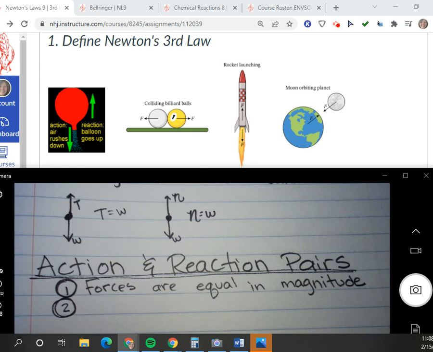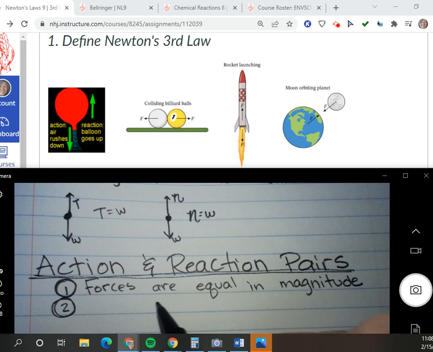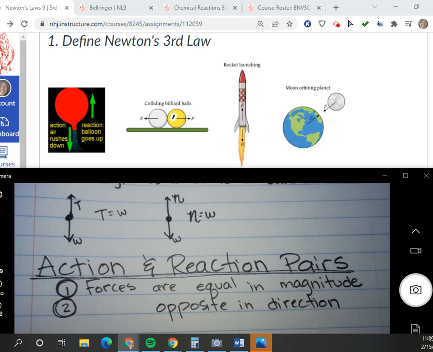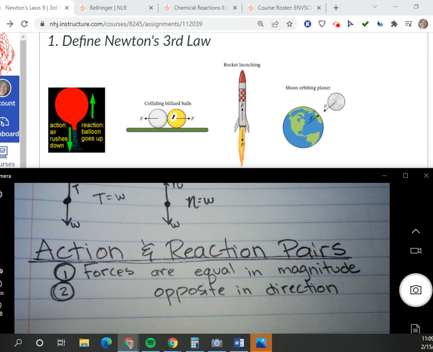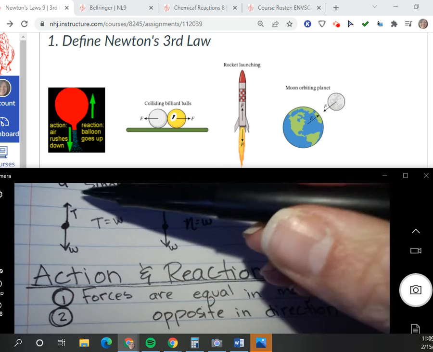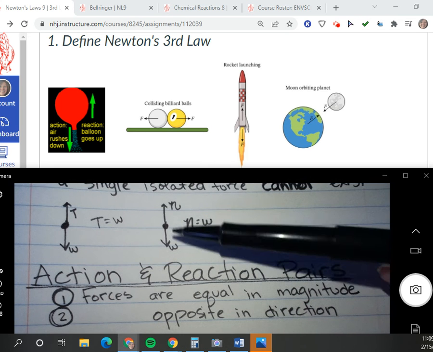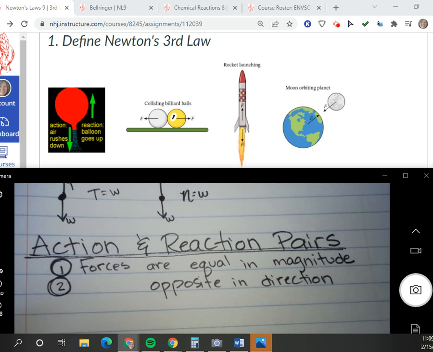The second point is that they are opposite in direction. Again, just like with tension and weight, opposite in direction. Normal force and weight, opposite in direction.